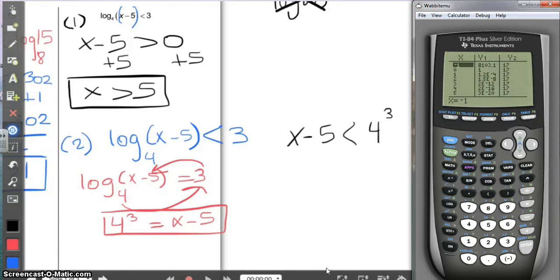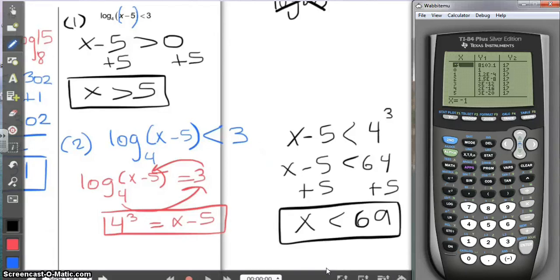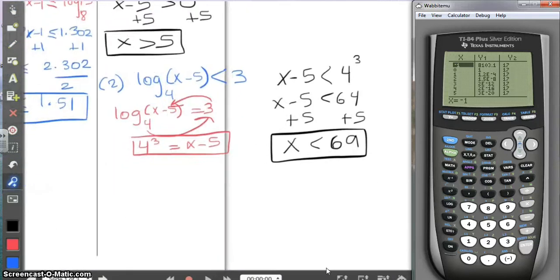Then make sure that x minus 5 is on this side and the 4 to the power 3 on this side, so you don't change the inequality. So x minus 5 is smaller than 4 to the power 3, which is 64. Add 5, so x should be smaller than 64 plus 5, which is 69. So as you can see from number 1 and 2, I have two answers.